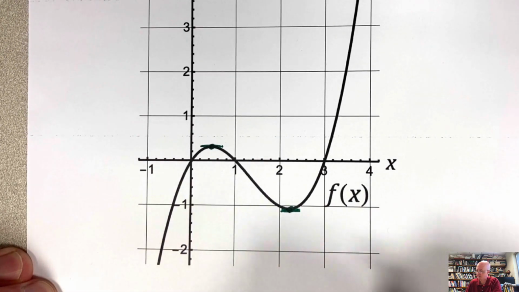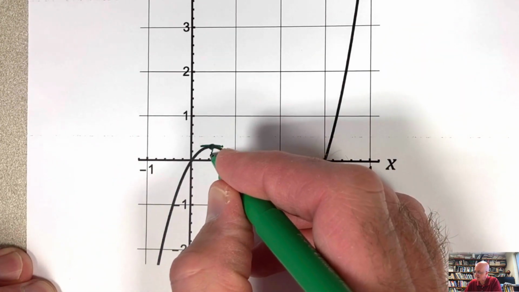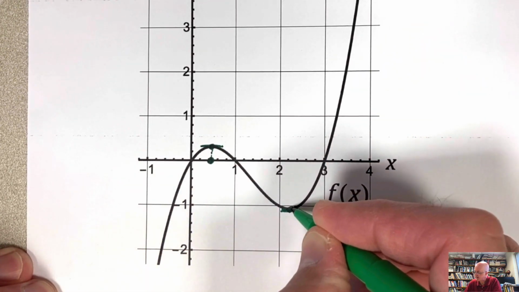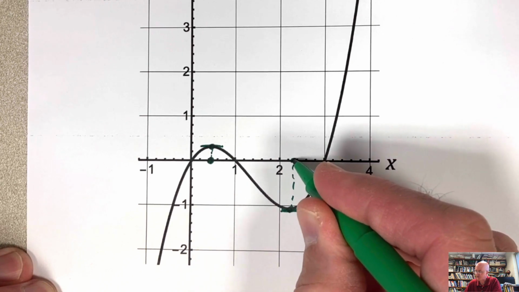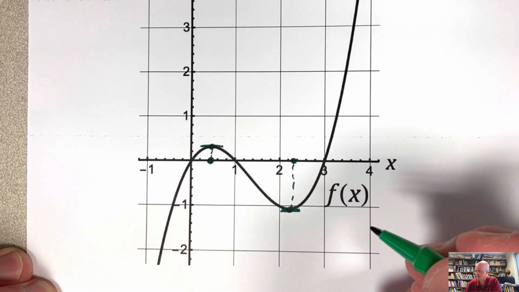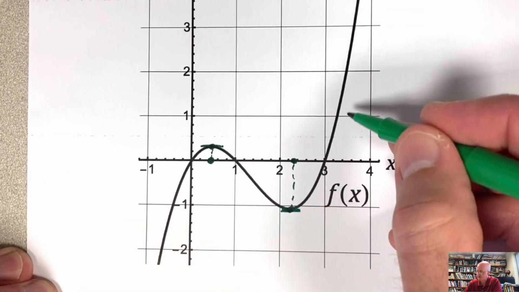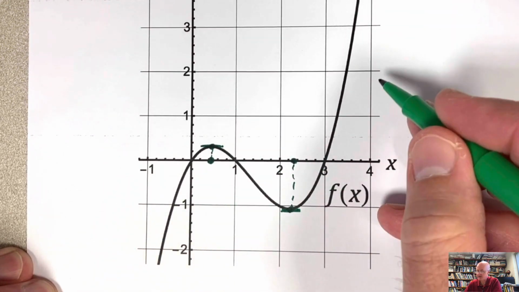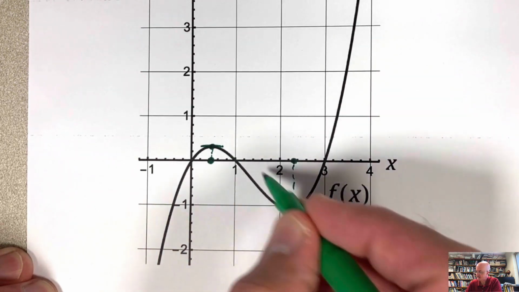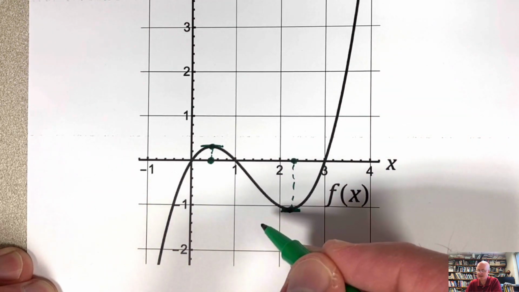So the graph of the derivative at those values of x, right about here and right about here, is going to be 0 there. It's going to be positive in value over here and over here, where the slopes of tangent lines are positive. The derivative is going to be negative in value in here, where slopes of tangent lines are negative.